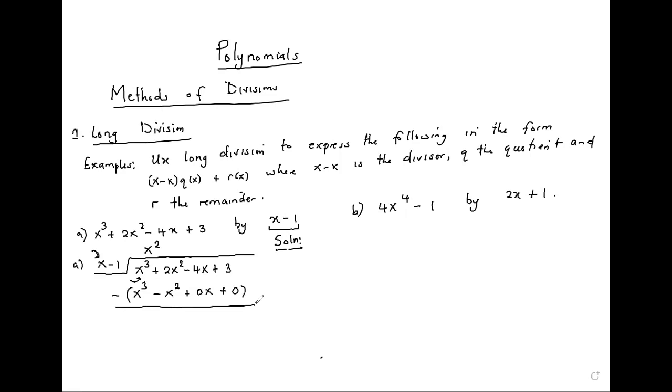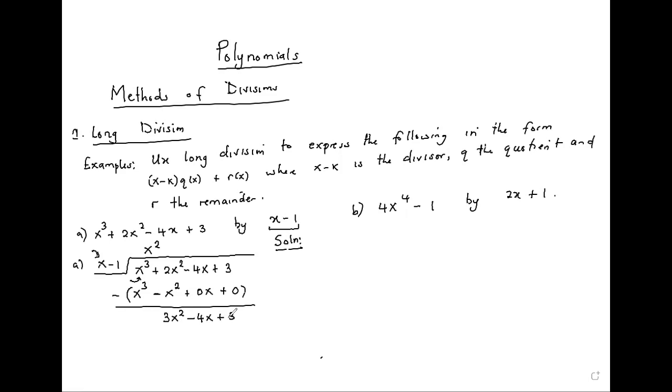So now we say x3 minus x3, that is 0. Then 2x squared minus x squared. So we get a positive 3x squared, and then minus 4x plus 3.